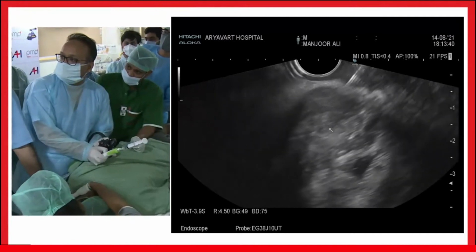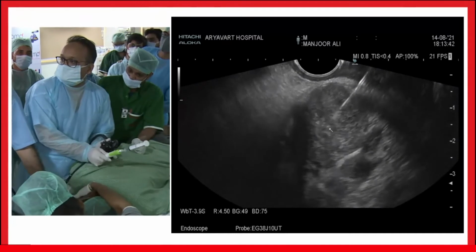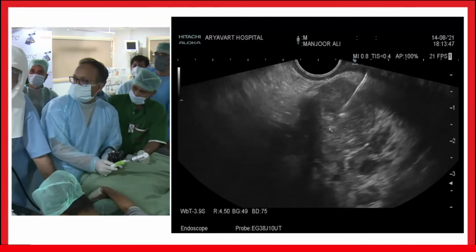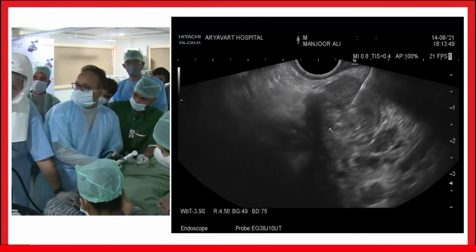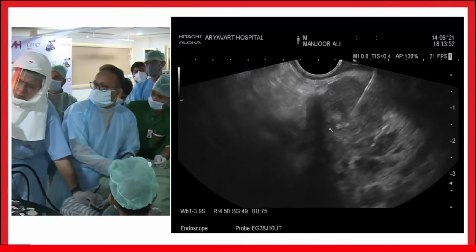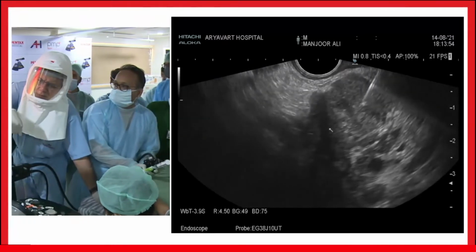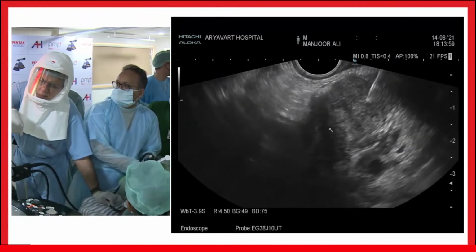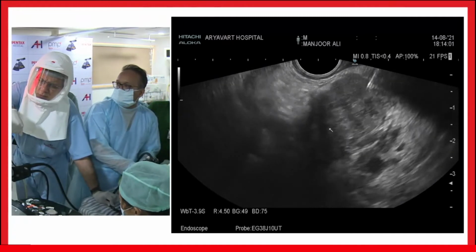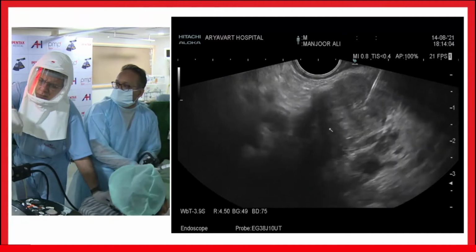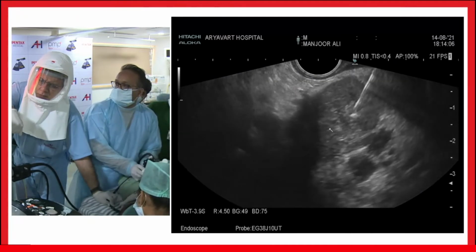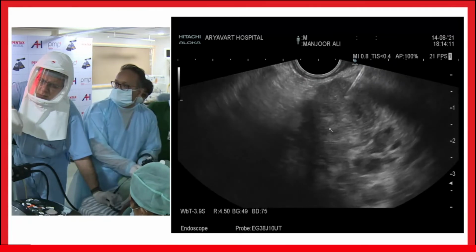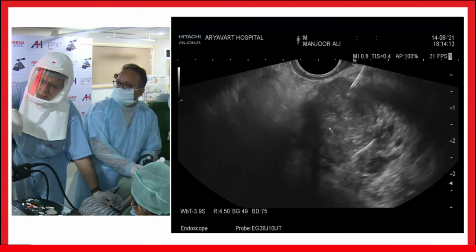I'm trying to go to different directions. Trying to do the fanning technique.